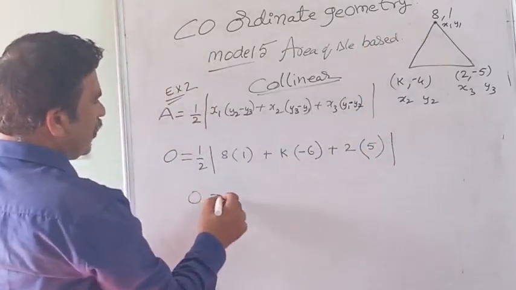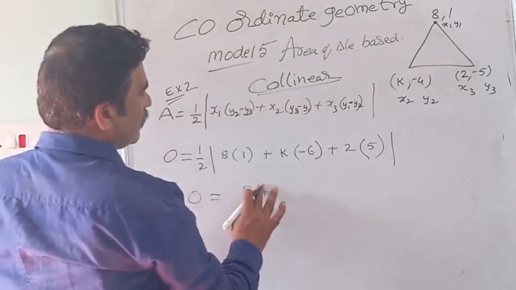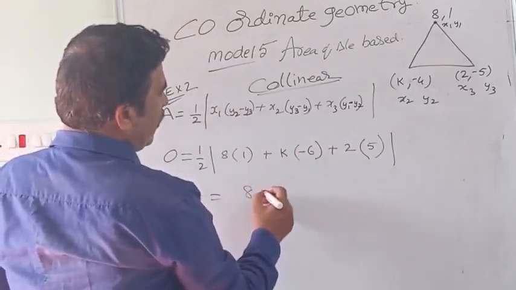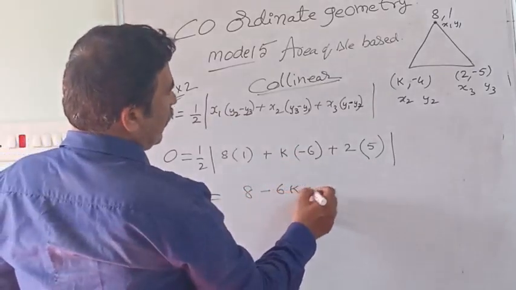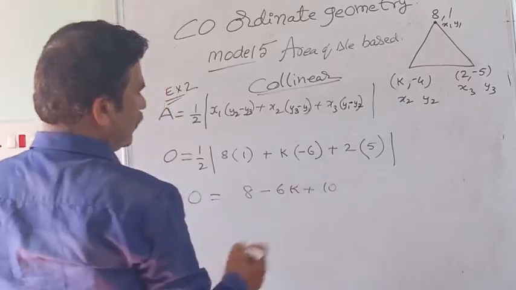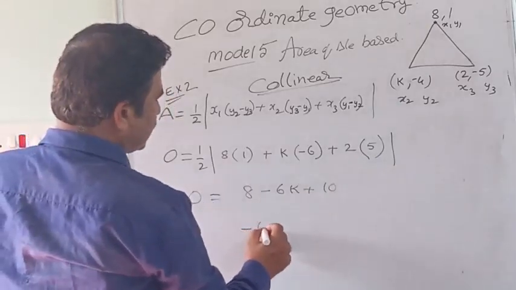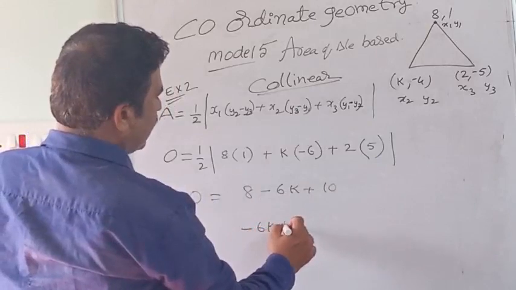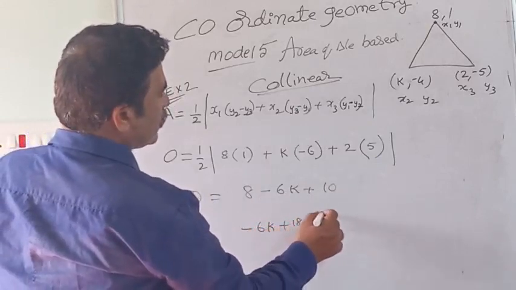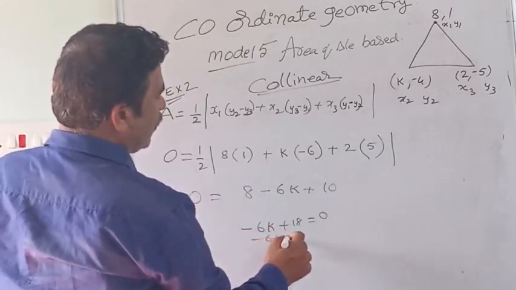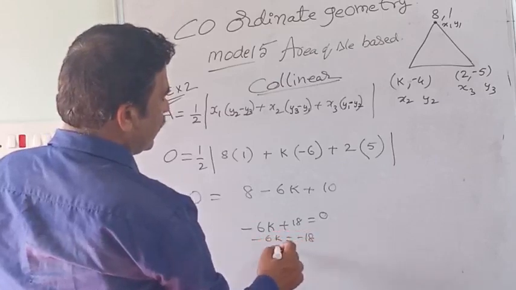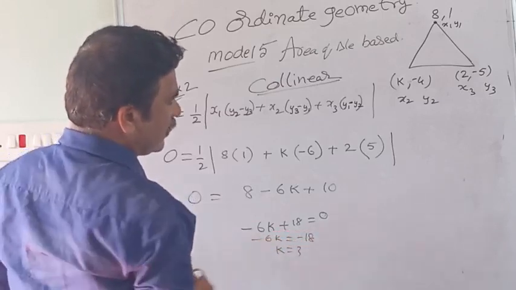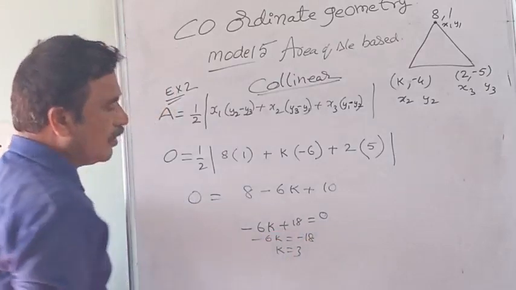Now 0 is equal to 8 plus 9k into minus 6, minus 6k, 2 5s are 10. Therefore minus 6k plus 18 is equal to 0. Minus 6k is equal to minus 18, k is equal to 3. k is equal to 3.